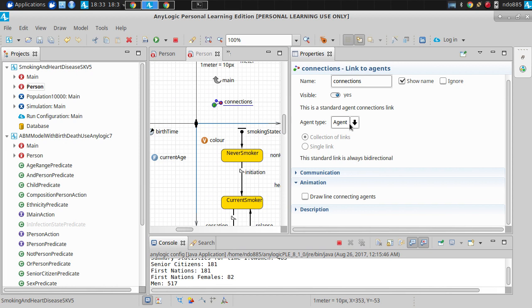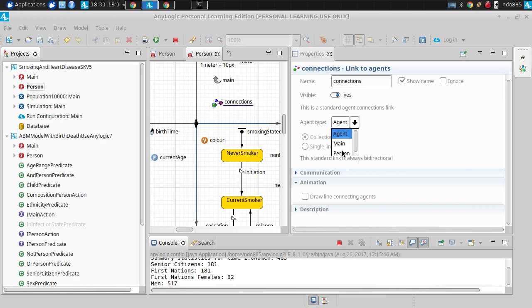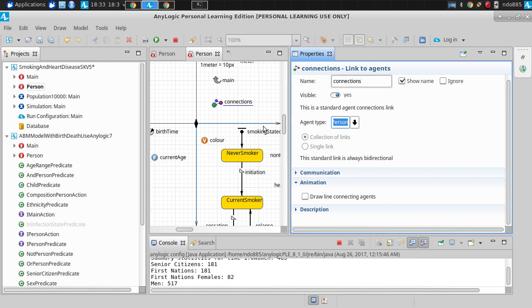What that would mean is if in my model I had deer and dogs and horses and people, a person could be connected to any of those. If I change this to say, no, wait a minute, they have to be a person, now they can only be connected to other people. Any person is an agent.